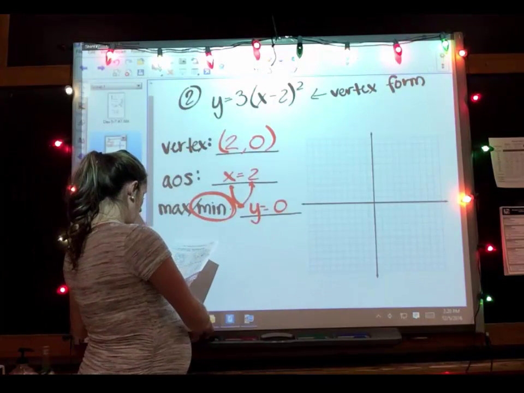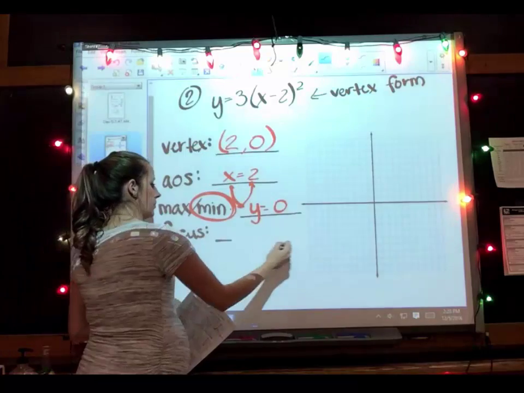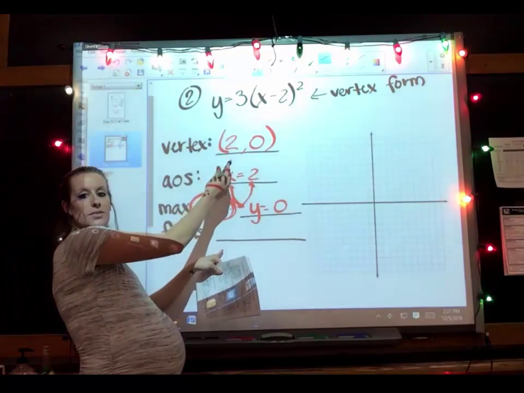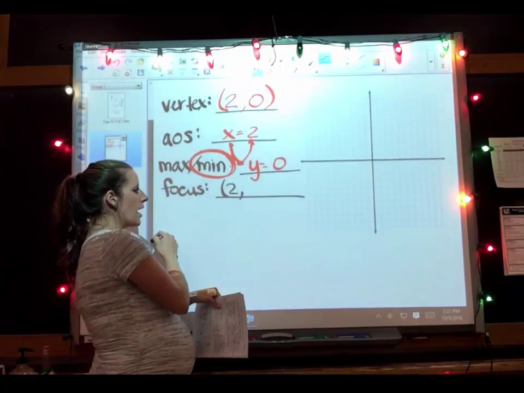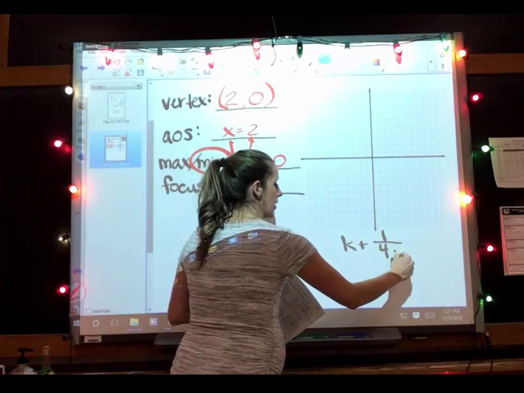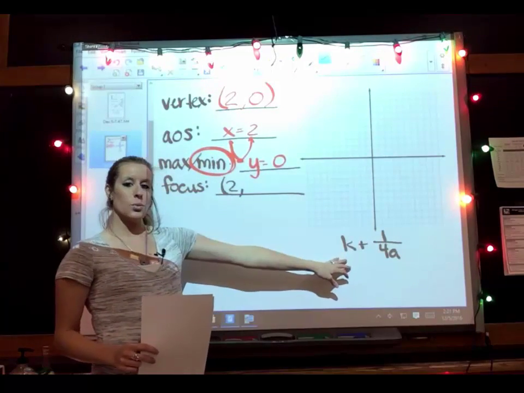Let's see, the focus. Okay, we can figure out the focus. It's always the x value of your vertex, so 2. And then the y value is going to be k plus 1/4a. Remember, the k is the y value of the vertex.